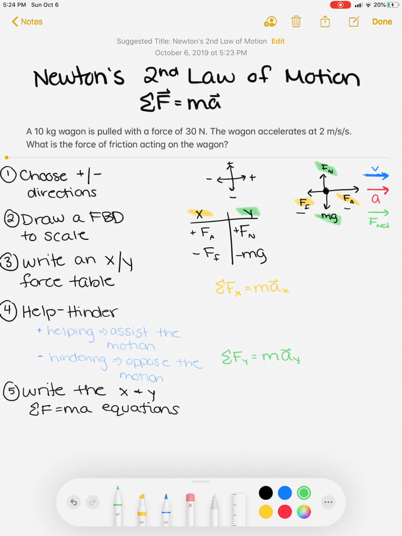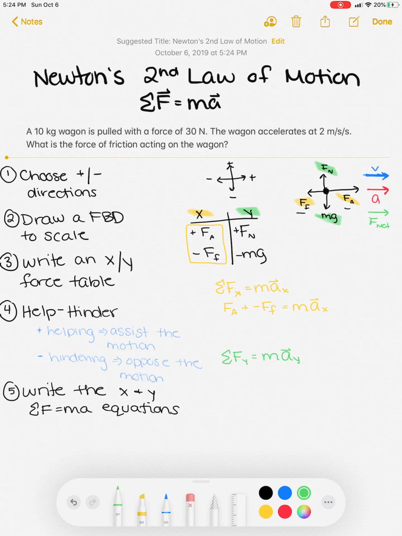So it's super important to distinguish between the x's and the y's. That's where our table comes in. Net force just means adding up all the forces. So for my x direction, I'm going to take a look at my table here and see those are my x forces. So F_A, and again, I'm just adding them, plus I've got a negative F_f is equal to the mass of my object times the acceleration in the x direction.